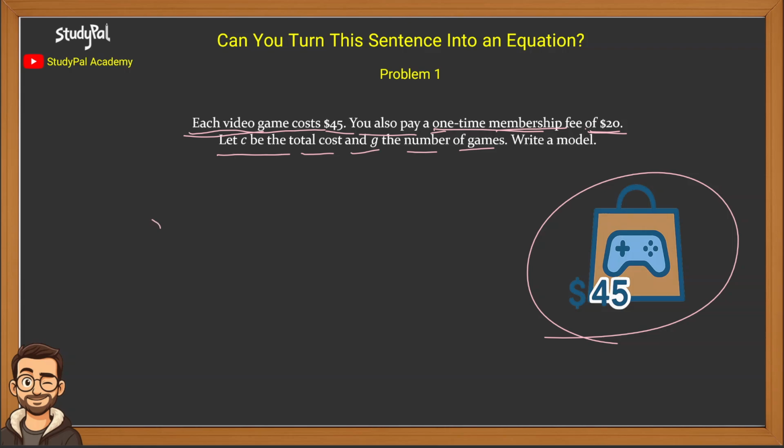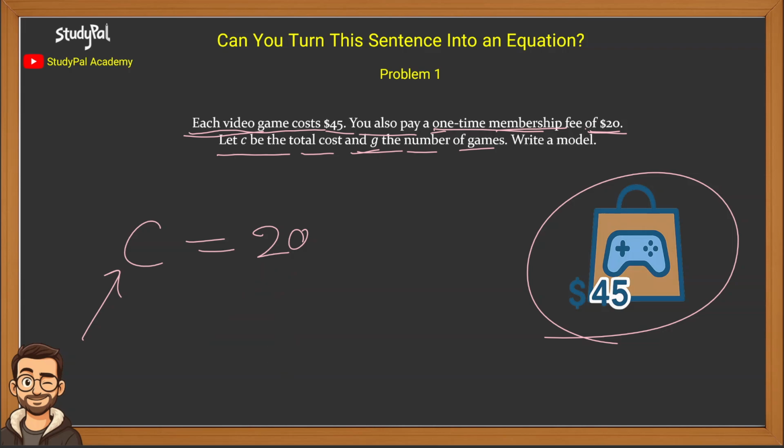So if C is the cost and G is the number of video games you have, this is the total cost. As you can guess, we need to have a $20 here. Why? Because this is fixed. It doesn't matter if you buy any game or not. This is the fee that you need to pay.